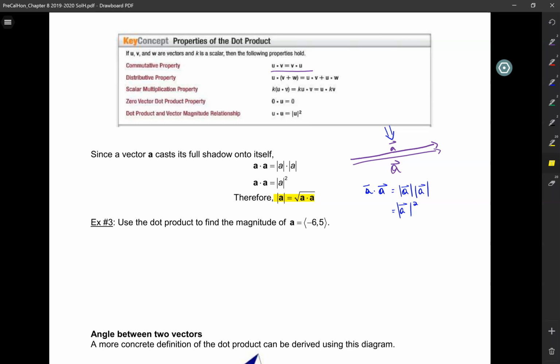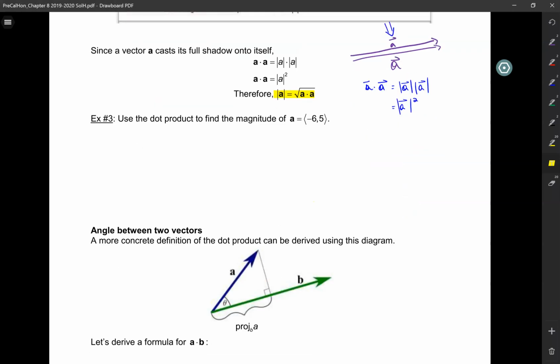So to find the dot product, it's the projection of A onto B times the length of B, and then the magnitude of A. Let's see what A dot A is. Is that dot A times A? Yeah, that's a multiplication.